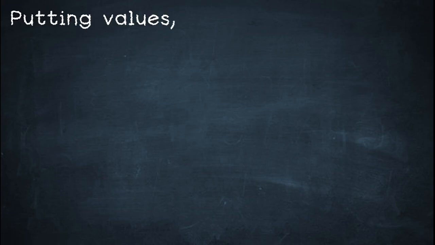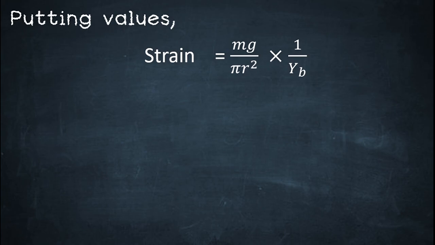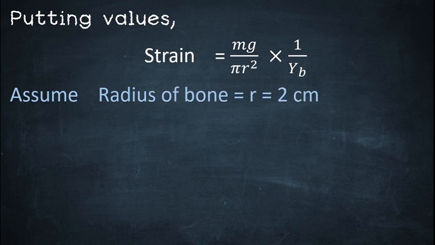Now we have to substitute the values in the formula. We are given the mass and the value of g, but the radius of the bone is unknown to us. We can assume that the radius of the bone is approximately 2 cm, and it is in centimeters, so we will divide this 2 by 100 to obtain the result in meters, that is 0.02 meters.